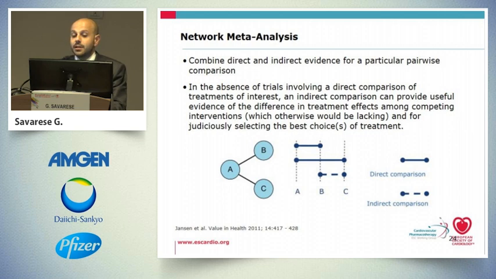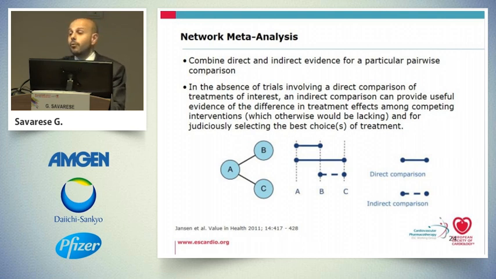It combines trials directly reporting a direct comparison between A and C, but it includes also trials reporting a comparison between A and B and C. Putting everything together, we will have also indirect information about A and C. It's a kind of transitive property that we can use in this type of study.